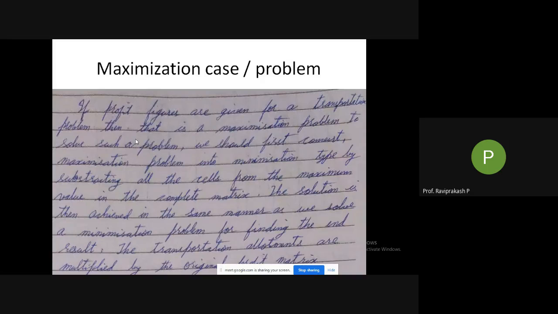If profit figures are given for a transportation problem, then that is a maximization problem.